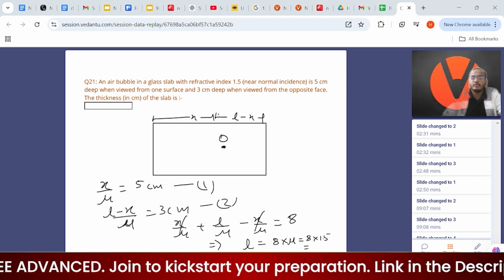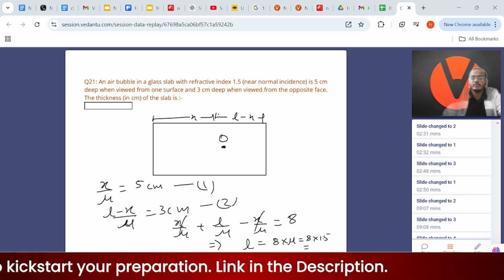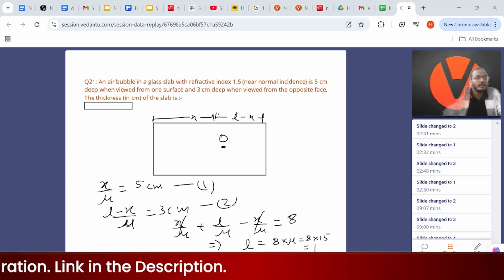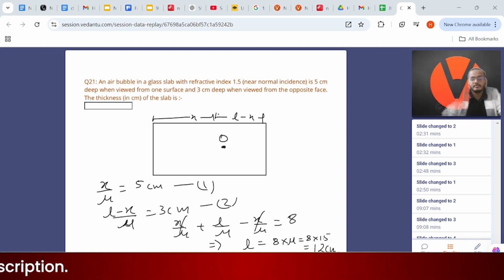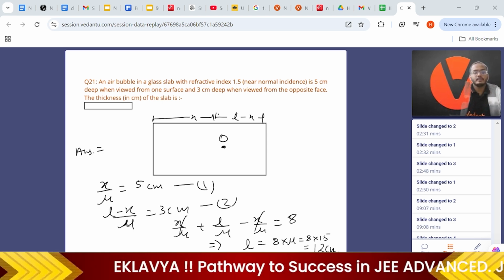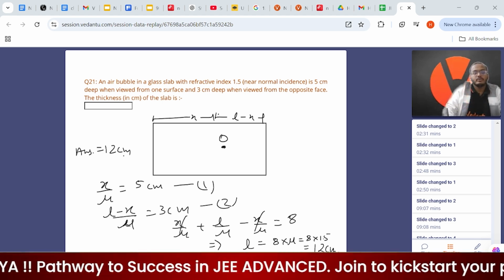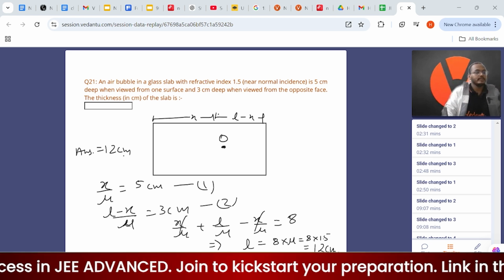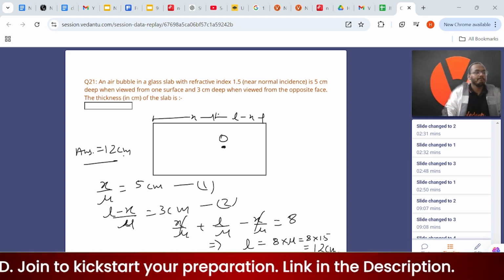So 8 into 1.5 will be equal to 12 centimeter. This was an easy question. So the answer will be 12 centimeters.